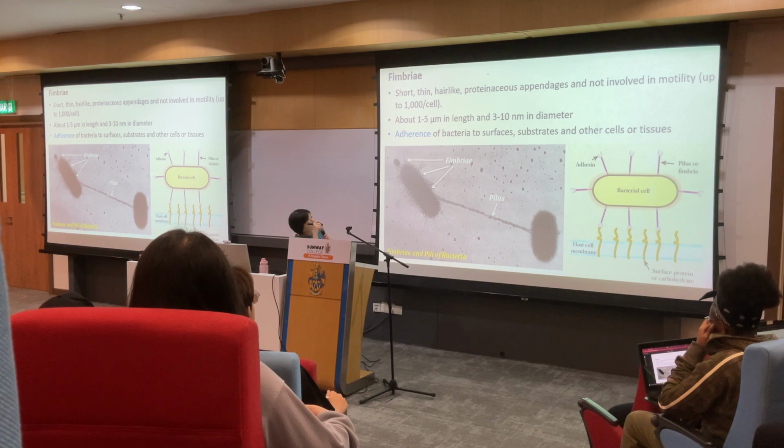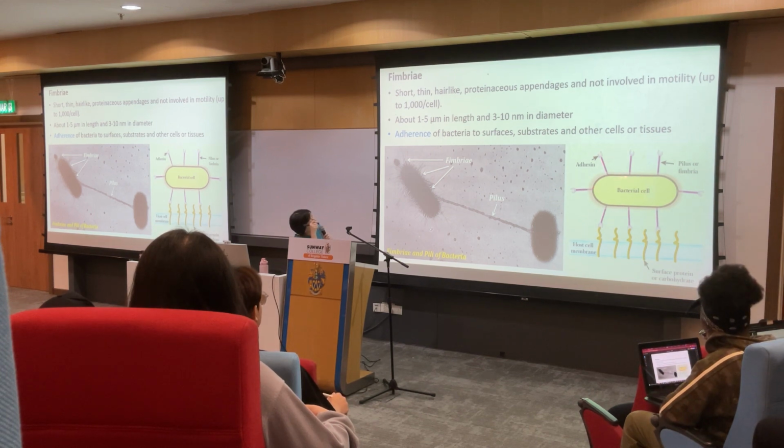What is important is this one showing here. The fimbriae allow the bacteria to attach to any surface, to the host cell surface, or to a metal surface, any surface, because they have this kind of adhesin, which is also part of the protein subunit that makes up part of the fimbriae.